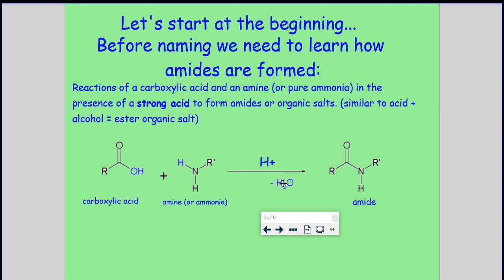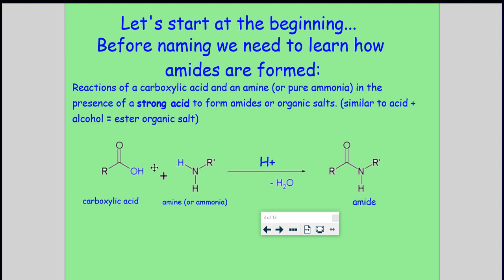Now here we see that water has a minus sign, so it's a condensation reaction like esterification was a couple of functional groups before. You haven't seen this notation yet, but it's just another way to represent the loss of water.